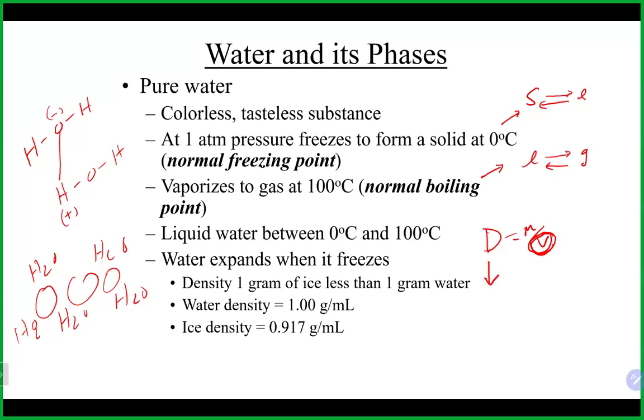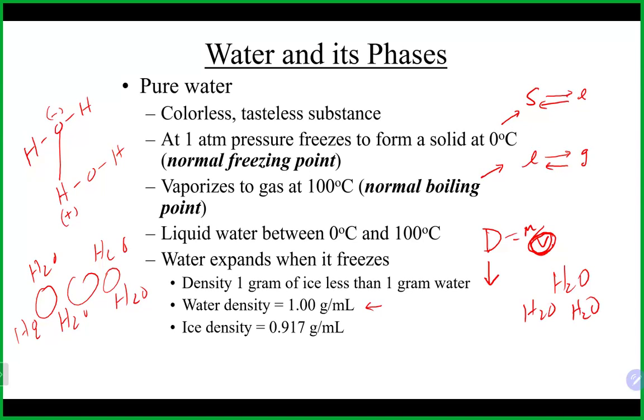That's different than in the liquid phase. In the liquid phase, water has a little bit more energy, which means those water molecules can get a little bit closer to one another. It doesn't create as much open space between the water molecules, and thus we have a little higher density in liquid water than in ice.